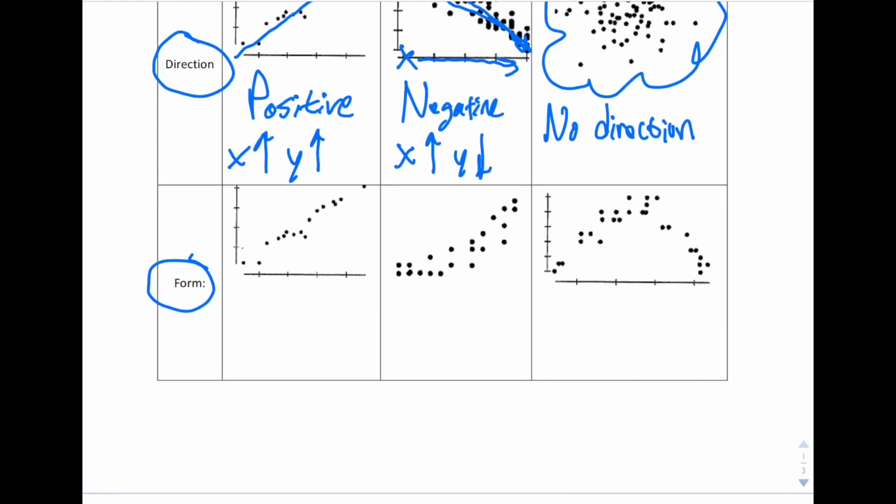Now the form. The form is going to be something that for the most part is going to be pretty easy to see. And for form, we're looking to see what shape best describes the association. So in this case, this very first one, this is what we want. We want scatter plots that have a linear association. These are good to work with. Whereas in these over here, this one, you can kind of tell has more of a curved pattern.